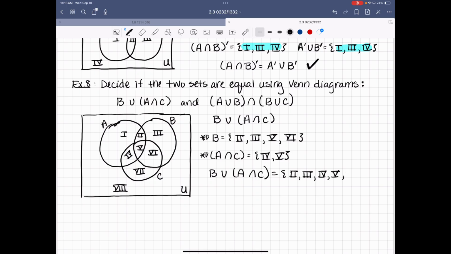I wrote them in order. You don't have to. So I've got 2, 3, 5, 6 from B. And then my A intersection C was 4, and I already have my 5. Okay?